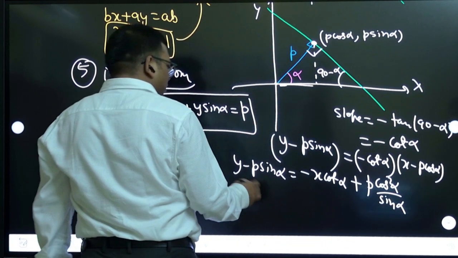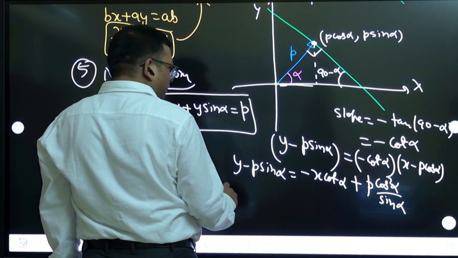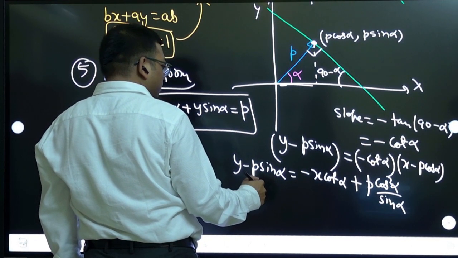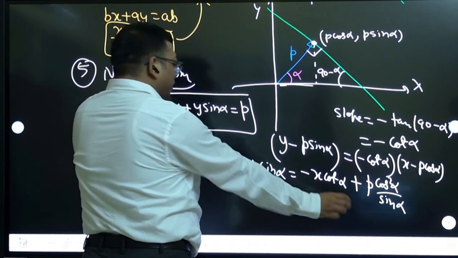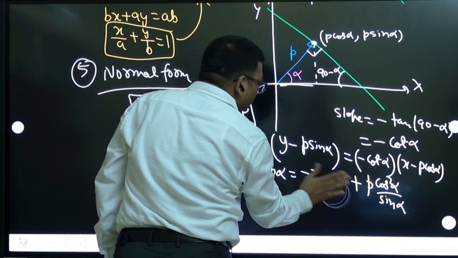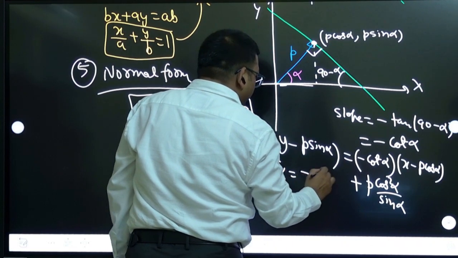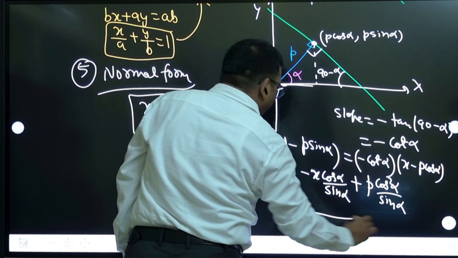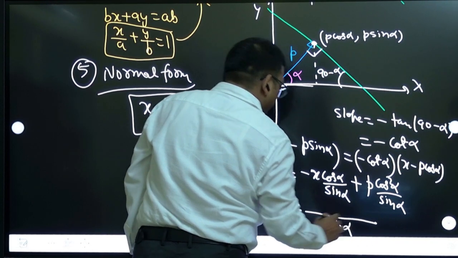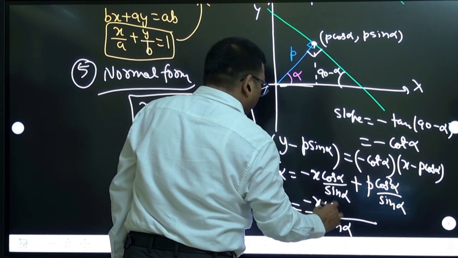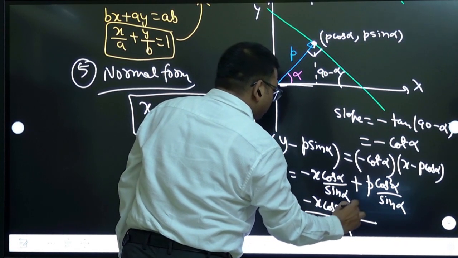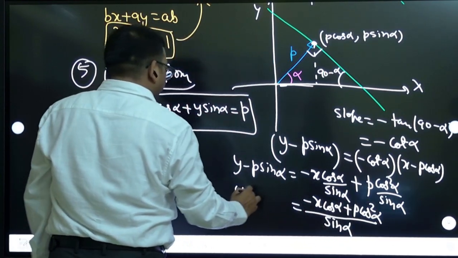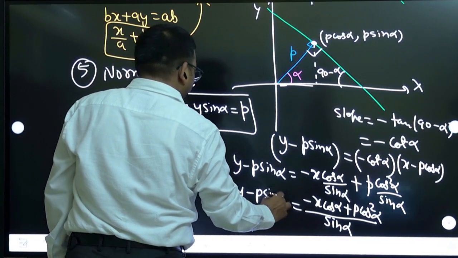Then let us bring x and y one side or take LCM here. Cot I can write again as cos by sin. So let us take sin alpha LCM. This will become minus x cos alpha plus p cos square alpha. This sin alpha I have to multiply this side, cross multiply.